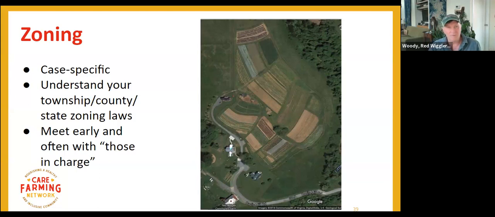So if you feel like your county or your municipality is super friendly, dig deeper is my advice. And really, meet early and often with your lawmakers, really your local elected officials. In our case, we have council members.